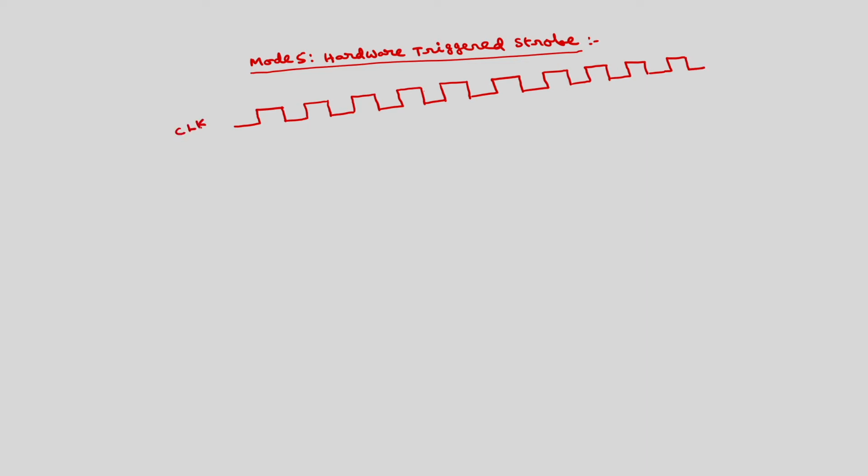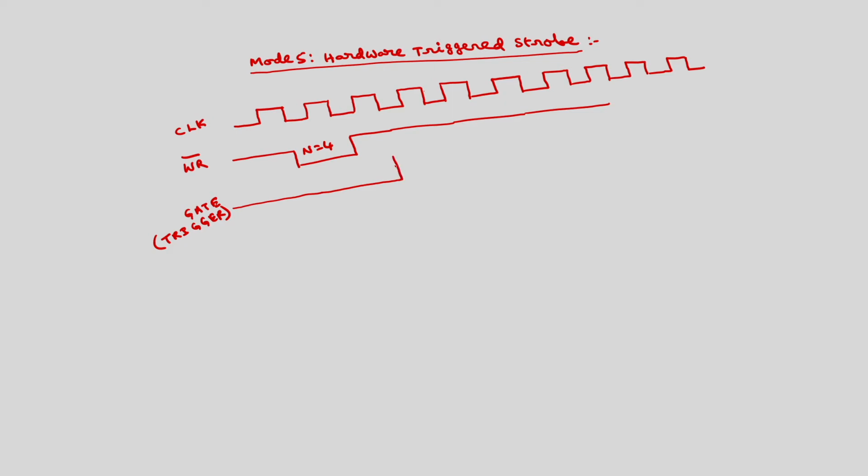This is the clock signal and this is the write bar signal. We have to give the count. Say n is equal to 4 only. Then the gate signal, which will act as a trigger signal here, has to be given as a transition from low to high.